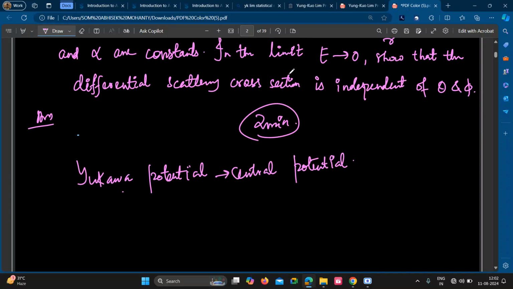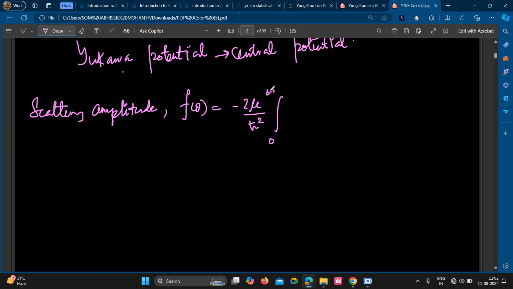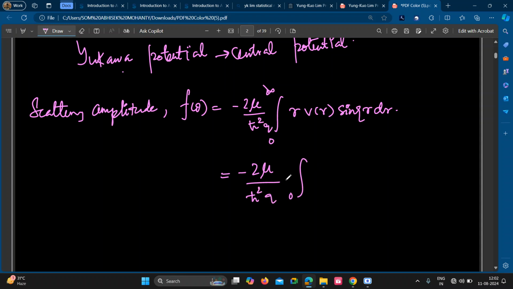Okay, let me solve it. So potential is given. So scattering amplitude f of theta is minus 2 mu by h cut square q, sorry, I missed q, integration 0 to infinity r V(r) sine qr dr. So minus 2 mu by h cut square q, 0 to infinity r V naught e to the power minus alpha r by r sine qr dr, right?